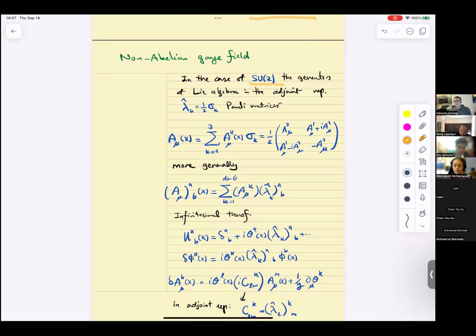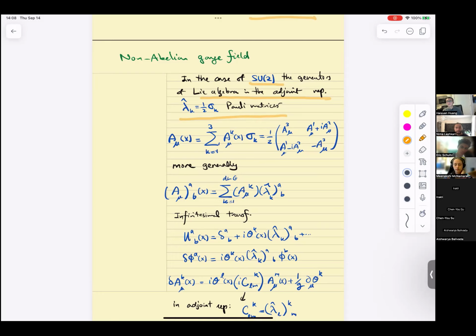The adjoint representation of SU(2) is given using the Pauli matrices. It's three-dimensional. Actually, sorry, what am I saying?